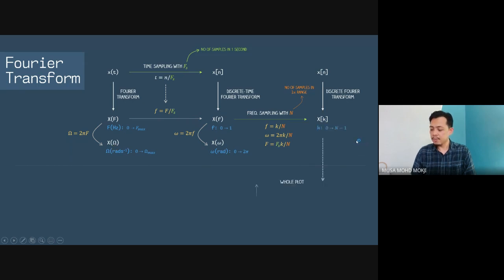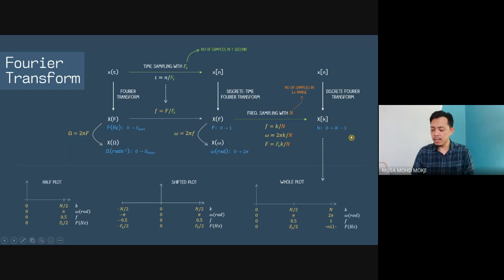And so we have seen also 3 types of plot. This is very important, because every time you do a plotting, either in a test, exam, or your assignment, you should know which one you are plotting, because when analyzing the spectrum, you should know the anatomy of the plotting. This is the whole plot.